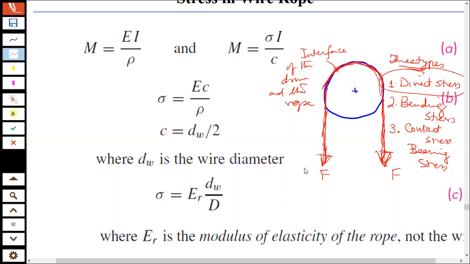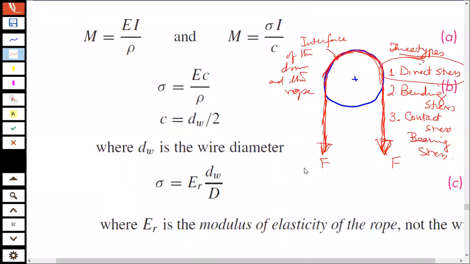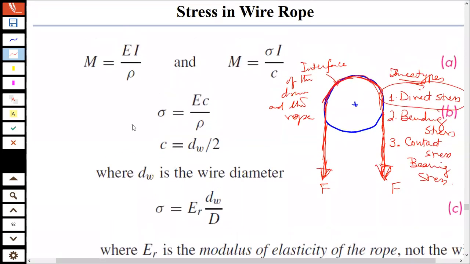Now, can we calculate these? Ji, can we calculate these? You already know from your bending, okay, that M is equal to sigma I over C. Yeah, sigma is equal to Mc over I. So this is from that equation.